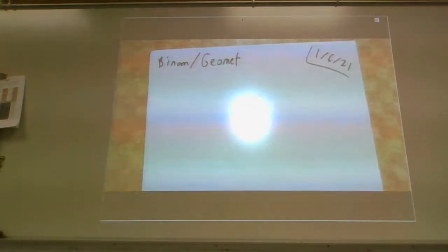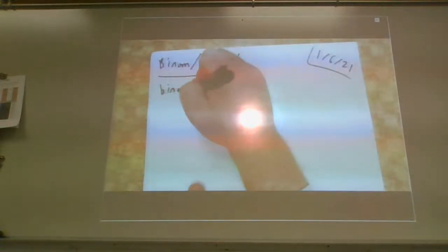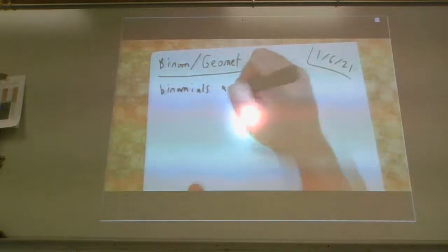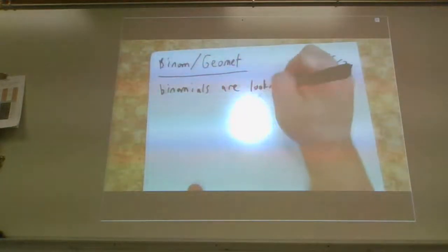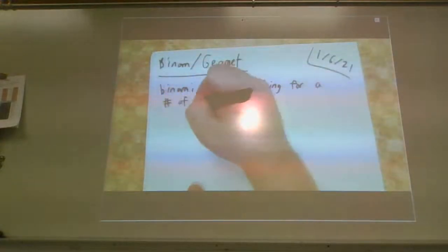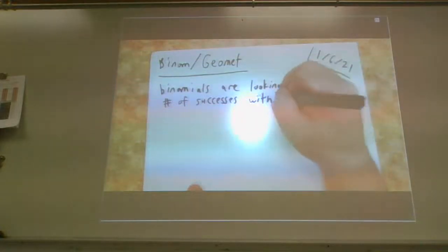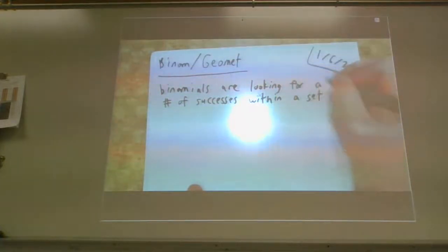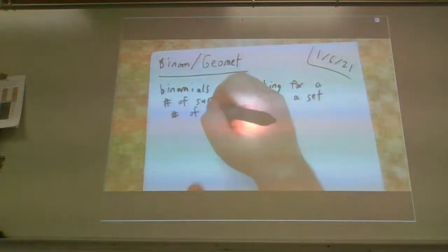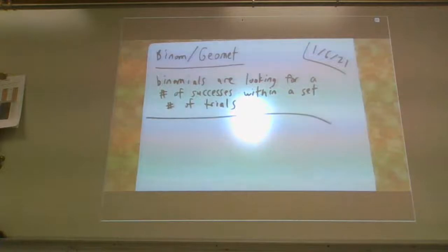Now, to kind of wrap up the idea of binomials: binomials are looking for a number of successes within a set number of trials.